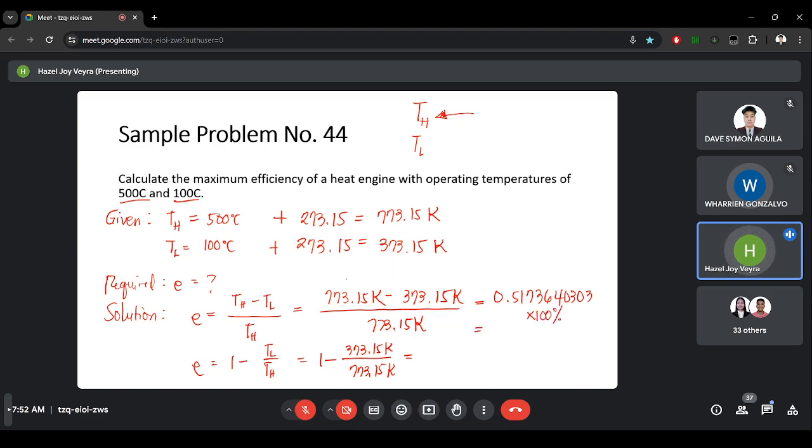So the efficiency is 51.736%. And for this one, what's the answer? It should be the same. So this is 0.5173640303 times 100%. So this is also 51.736%.